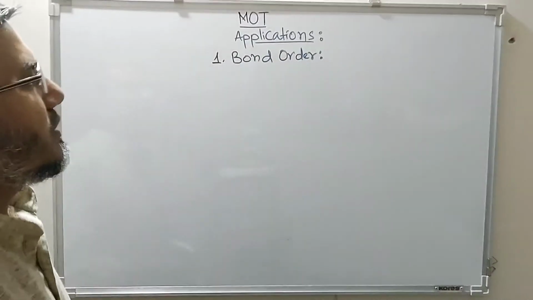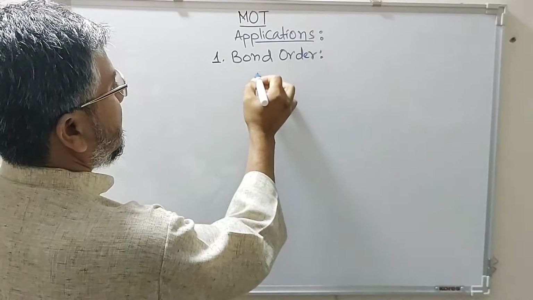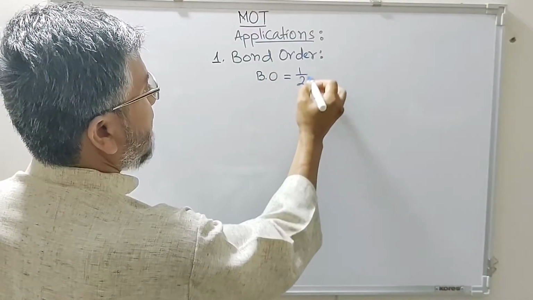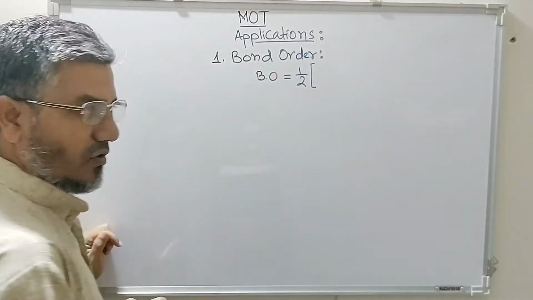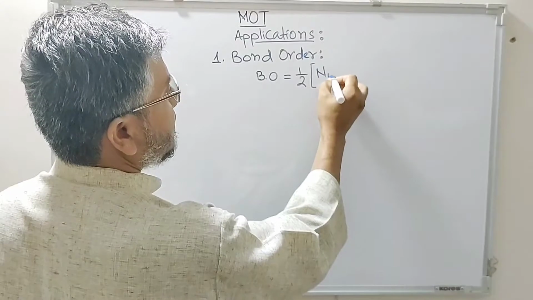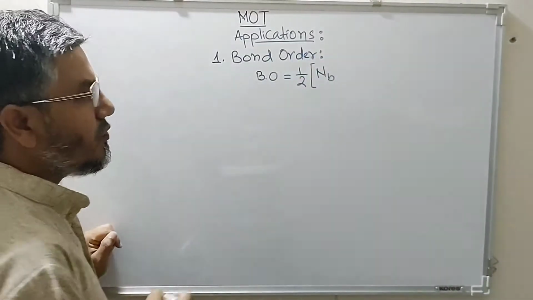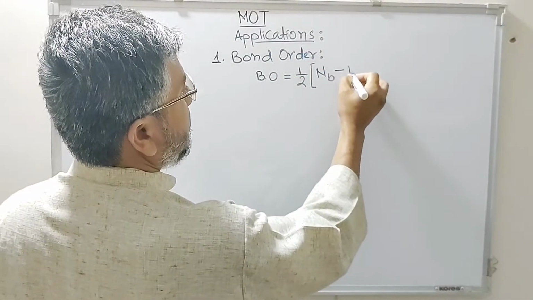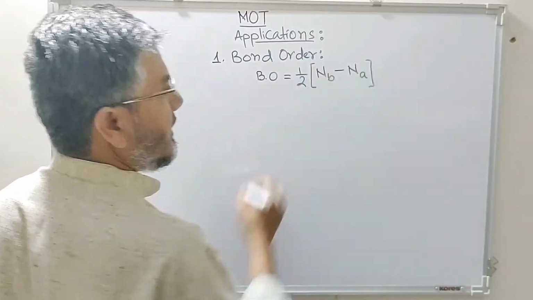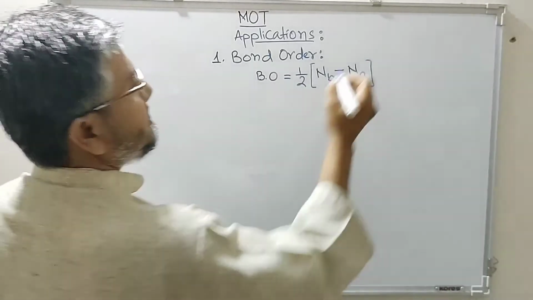So this bond order is defined as half of the difference between the number of electrons present in bonding molecular orbital and the number of electrons present in anti-bonding molecular orbital.